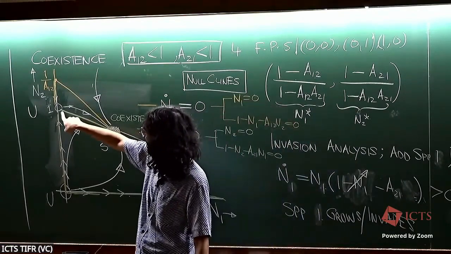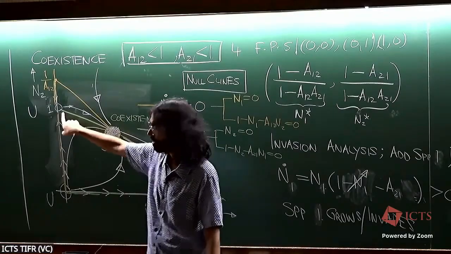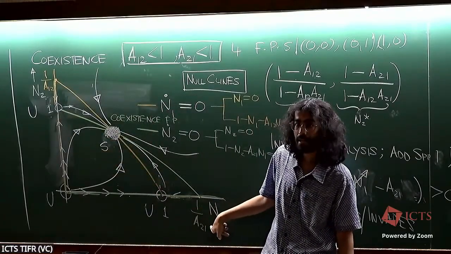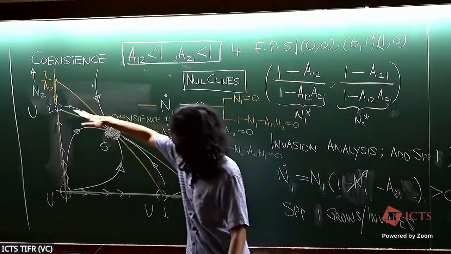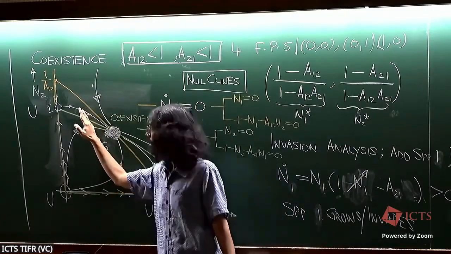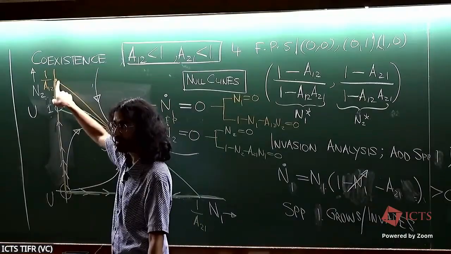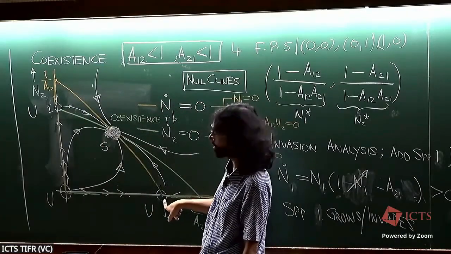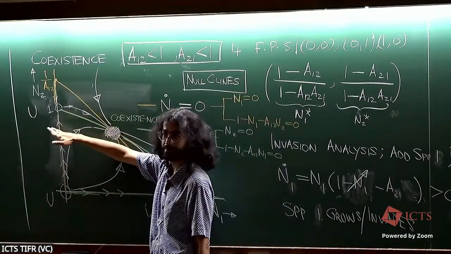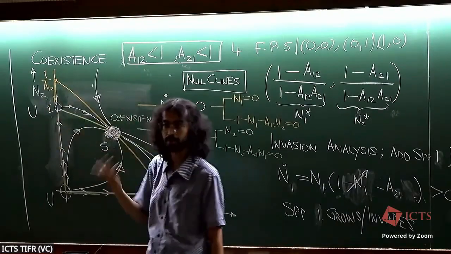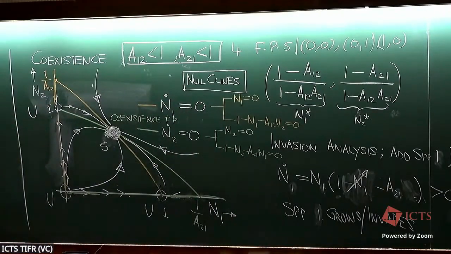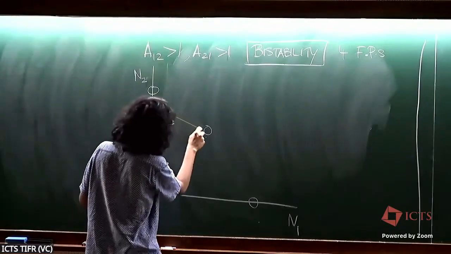I guess it will still have this 1 over here, but what will happen to this guy? It'll kind of curve in, right? And same thing here. This guy over here, this will still remain at 1, 0, but this will also curve in, right? Because 1 over A12 is now less than 1. Yeah? So you'll still get an intersection, but basically the orange and the green lines will flip. Right? So right now, orange is above green, but now green will be above orange.